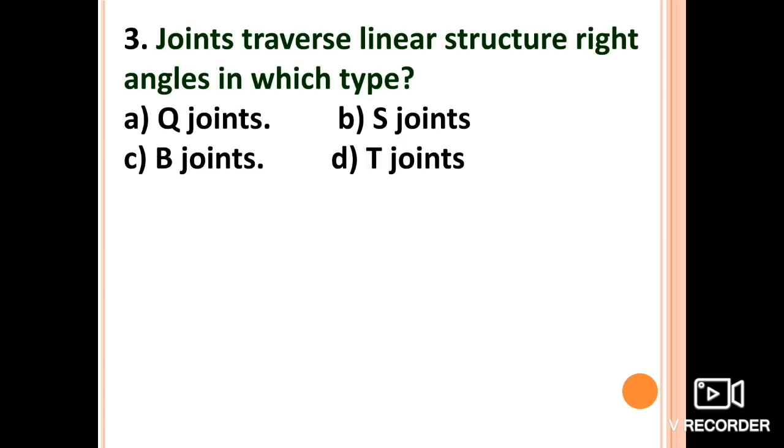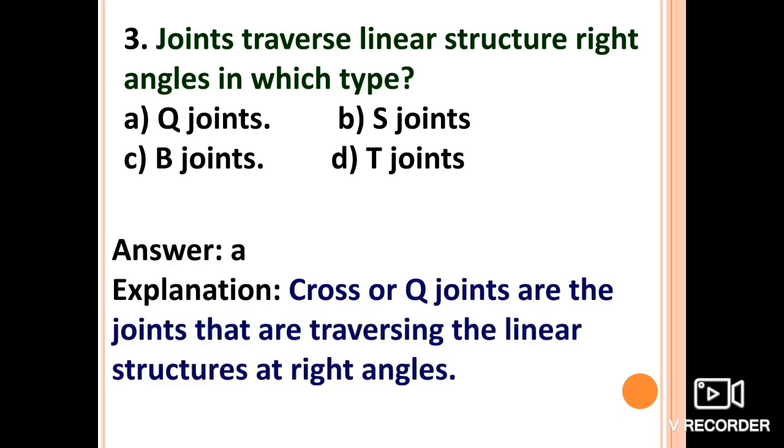Next one: joints which traverse linear structures at right angles are which type of joints: Q joints, S joints, B joints or T joints? These are basically Q joints, which are also known as cross joints.